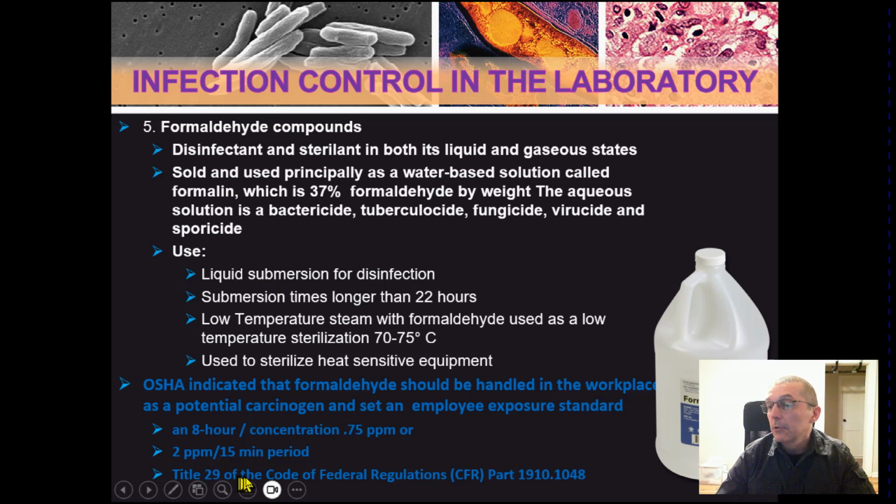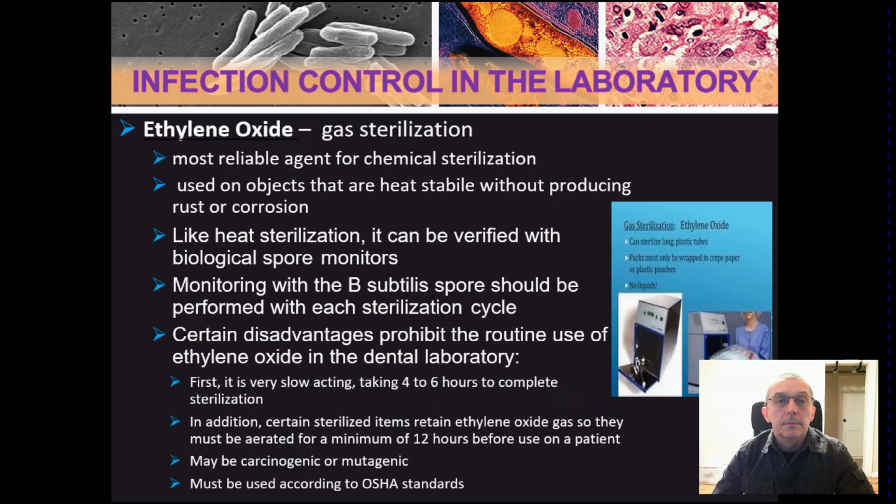Title 29 of the Code of Federal Regulations is written in order to protect the employees and anyone who is exposed to this material. So we have an 8-hour concentration at 0.75, and a 15-minute exposure time at 2 parts per million.